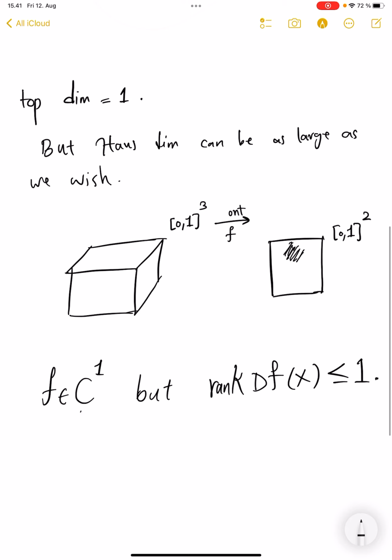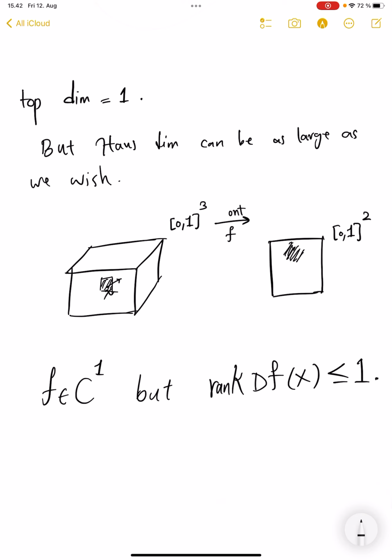Because you have a continuous derivative, almost everywhere will just be everywhere. So at every single point in the domain, the derivative has rank only 1, so that means the derivative does not vanish in at most one direction, and in the complementary direction the derivative is 0.